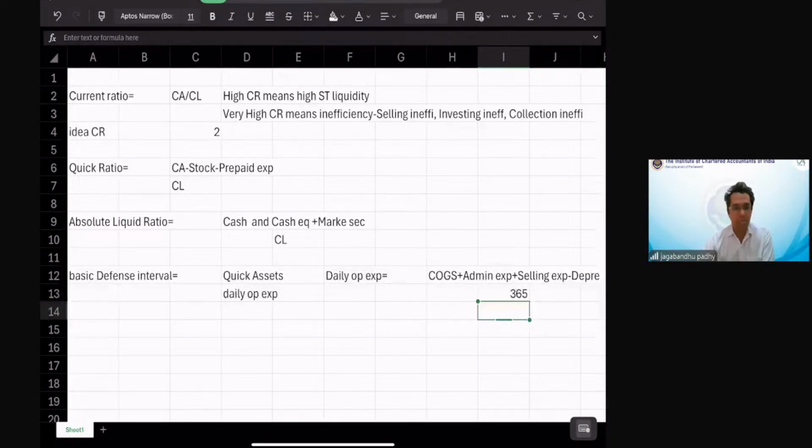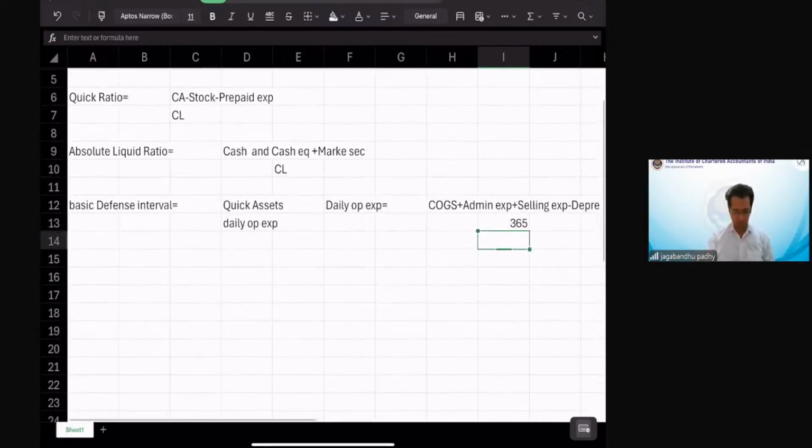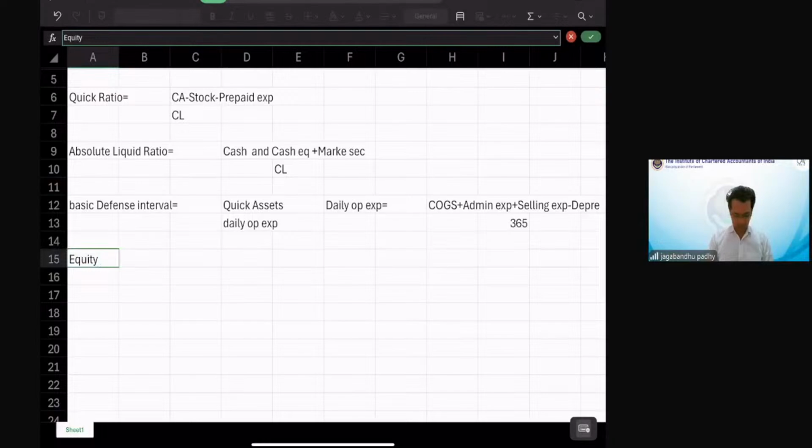Okay. Now, after that, we started with some of the long-term solvency ratios, right? Can you name a few long-term solvency ratios that we have done? Just revising the stuff that we have done in the last class.